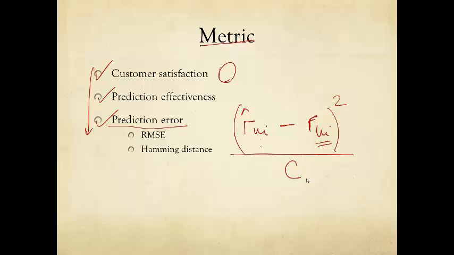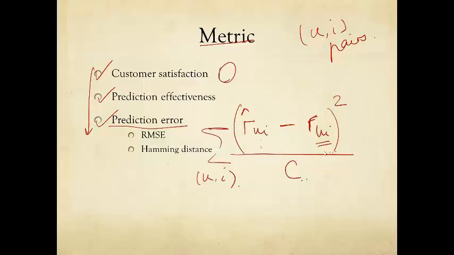Let's say I've got C of those UI pairs where I would like to base my comparison of recommenders on. So I will have to sum up across those UI pairs, and there are C of them, this squared difference.